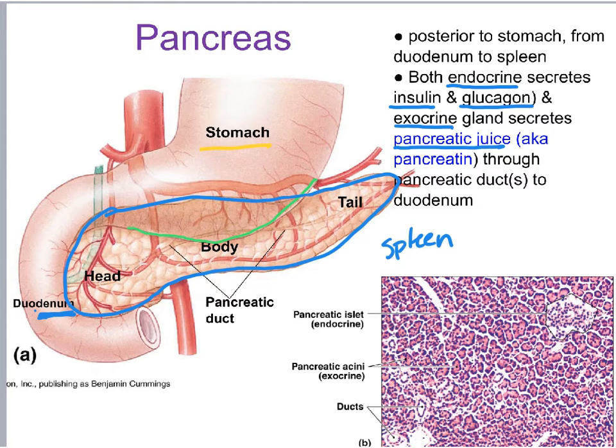Nonetheless, those secretions make their way through the pancreatic duct. So here's this long duct that you see right here, pancreatic duct, and then it's going to lead to the duodenum.